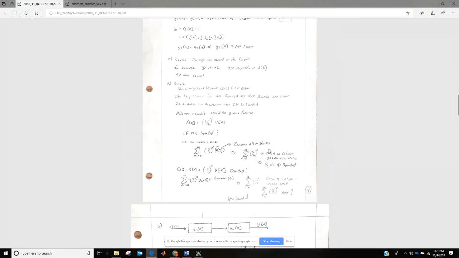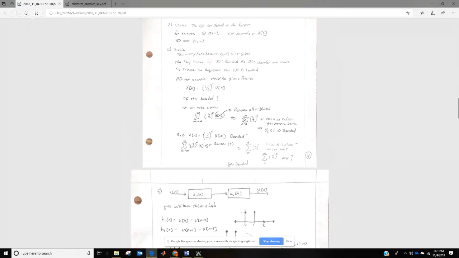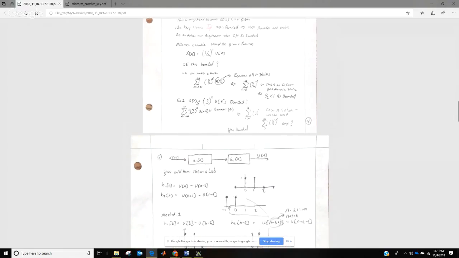Then we have this geometric series that we have an equation for, which gives us a number, so we know that this is bounded. One of the requirements on that geometric series is that this value has to be less than 1 and greater than 0. Next question, x of n equals 3 to the n times u of negative n. Is that bounded?